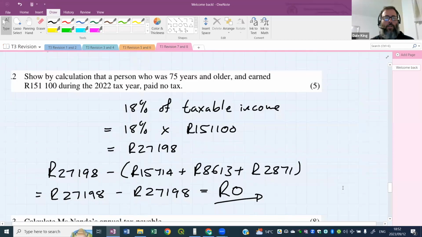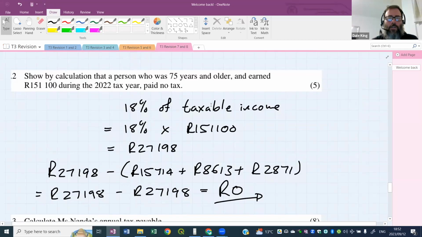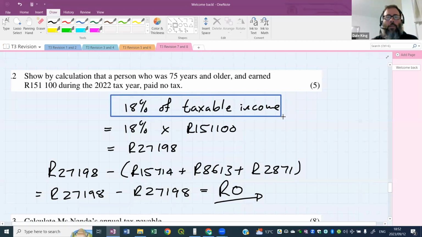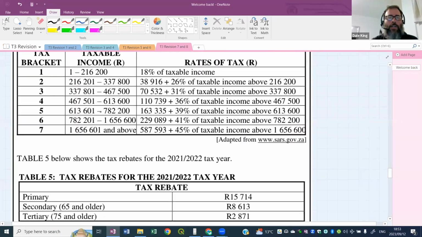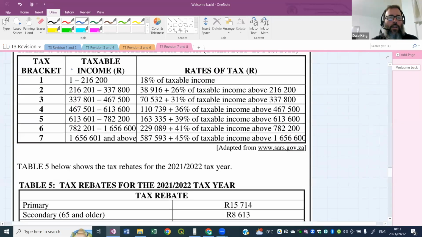All right. So the question says, show by calculation that a person aged 75 and older earning 151,100 does not pay tax. We took this from the tax bracket. If I go back up to the tax bracket, it says here that anyone from 1 to 216,000 Rand only pays 18% of taxable income.